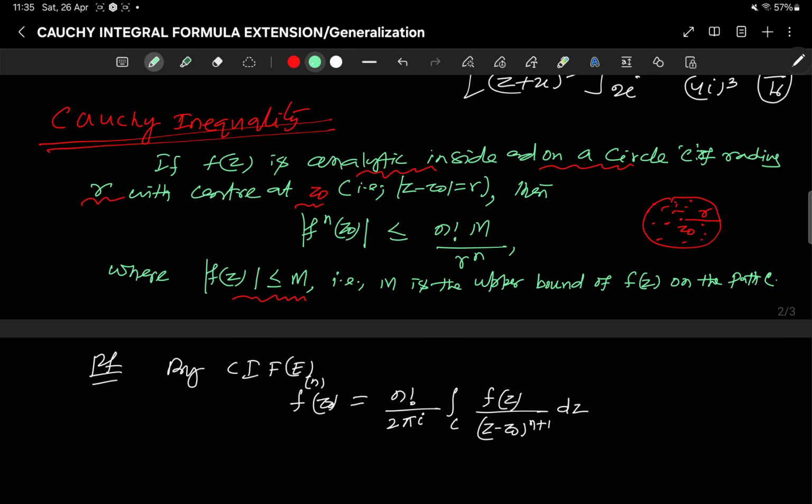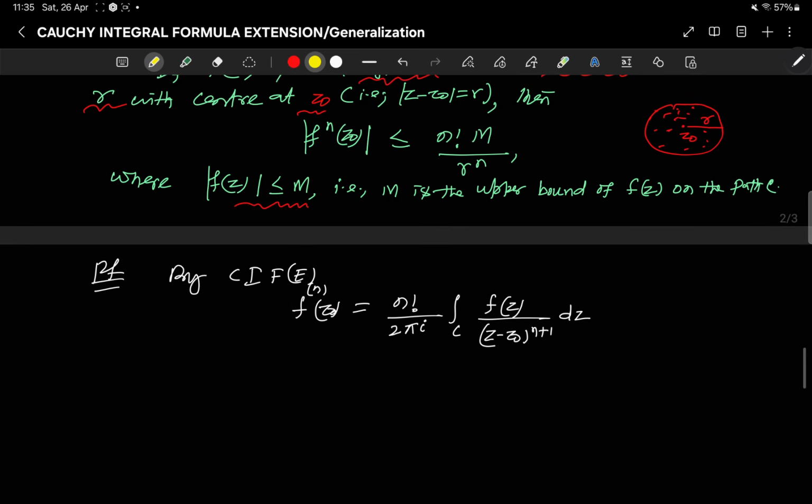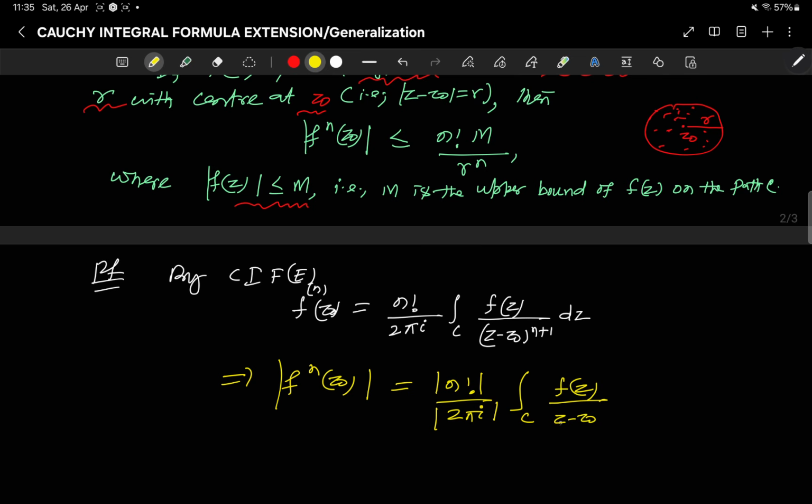Now if I take the modulus on both sides, the modulus of f^(n)(z0) is equal to n factorial by the modulus of 2 pi i, into the modulus of the integral of f(z) by (z minus z0) to the power n plus 1 dz.